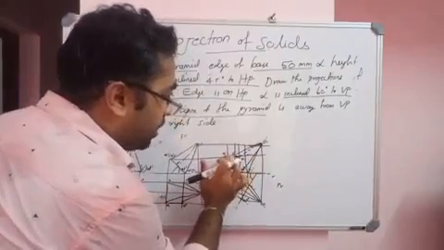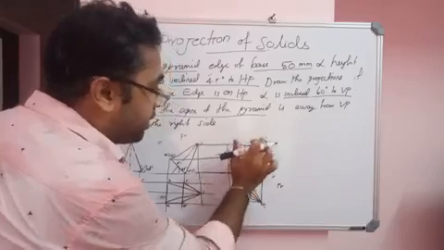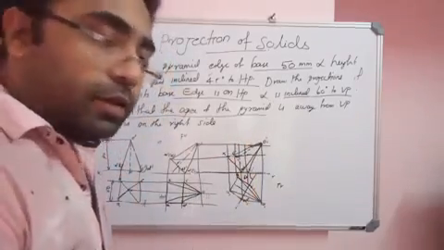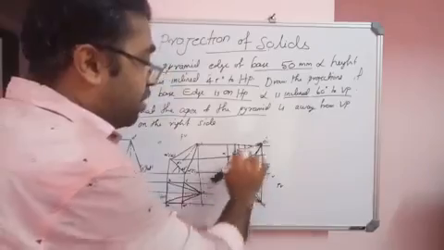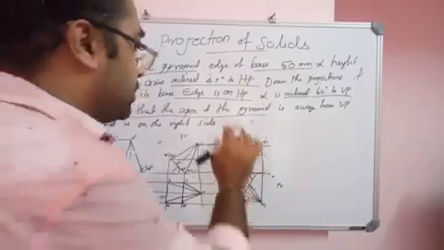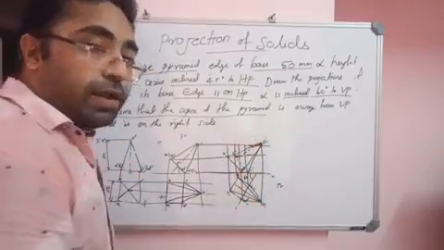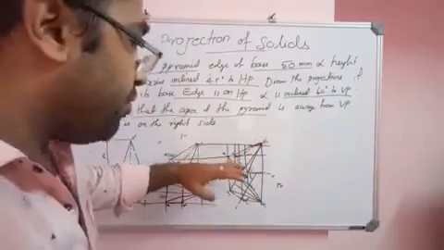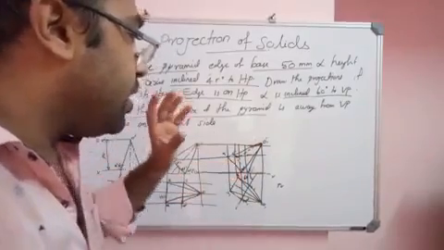These three edges, this one, and here this one, are the hidden edges. The others we can see from the front view. So this is the front view for the pyramid turned 60 degrees with the vertical plane.